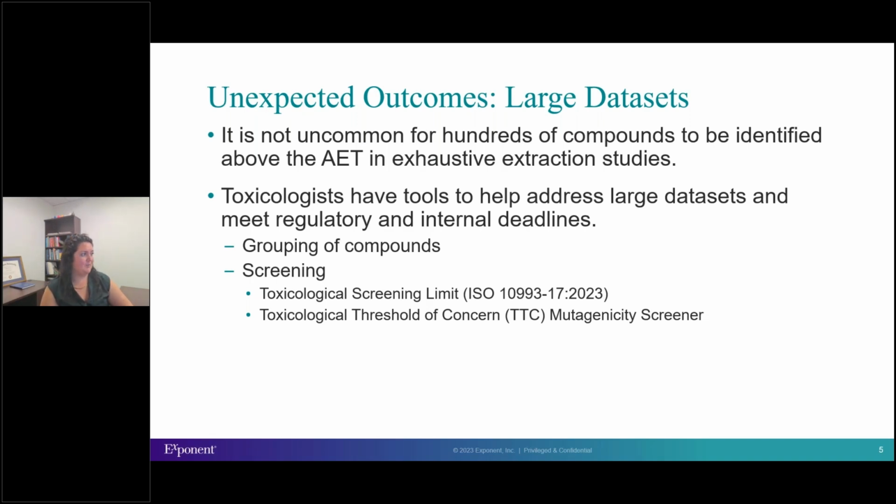So we have some backup screening methods that we like to rely on when appropriate, such as the TTC-based mutagenicity screener, where we go through the constituents and determine which are not genotoxic. And this is important because we can then rely on higher TTC values.